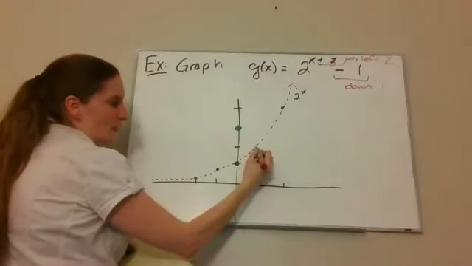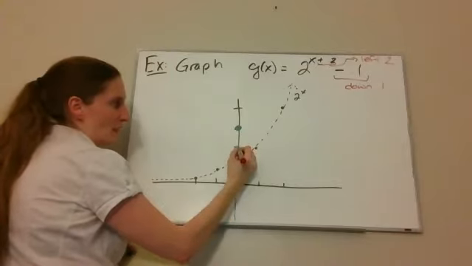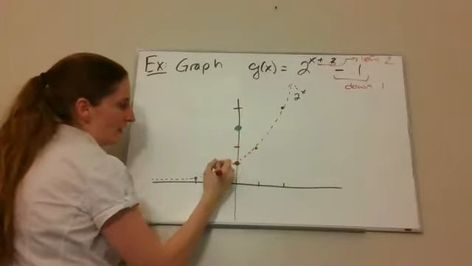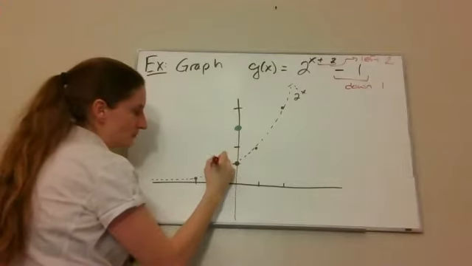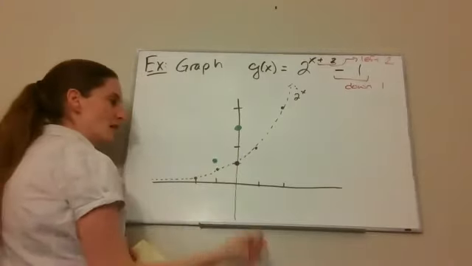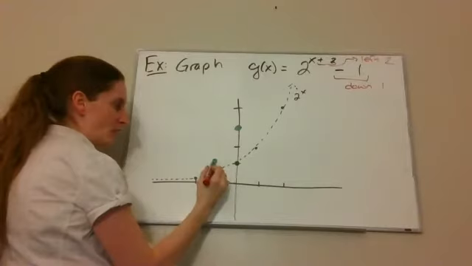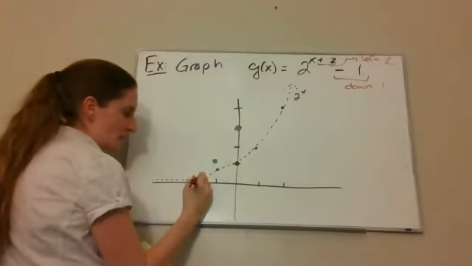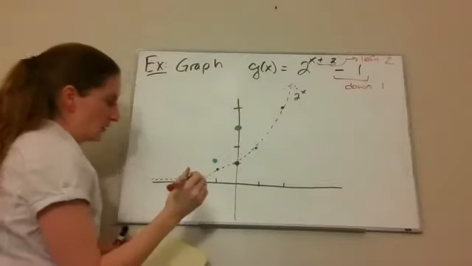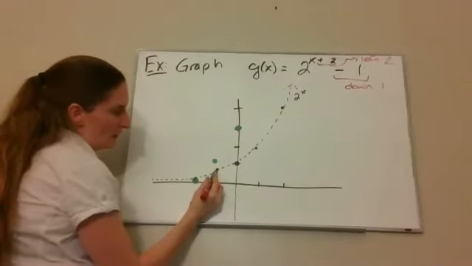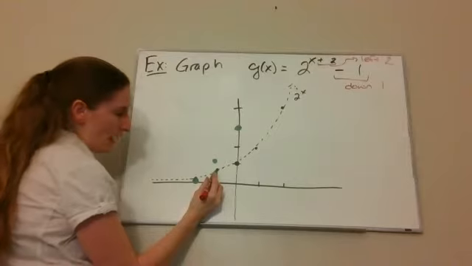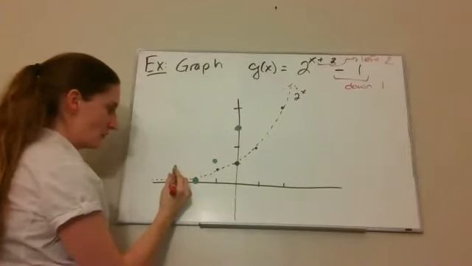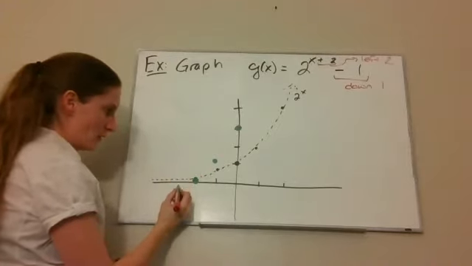My next point is at (1, 2). I'm going to move it to the left 2 spots and then down 1 spot. My point at (0, 1), move it left 2 and down 1. This point that was at (-1, 1/2), move it to the left 2 spots, down 1 spot.